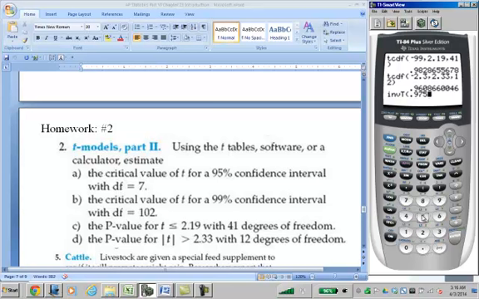Now, for the 99% confidence interval, we're going to get definitely more accuracy here. Let's do second, vars, because the table doesn't have degrees of freedom for 102, it just had 100. So we'll do inverse t, number 4. We'll put in 0.995, in other words, half of 1%, add it to 0.99, comma 102, and we hit enter, and we get 2.625.